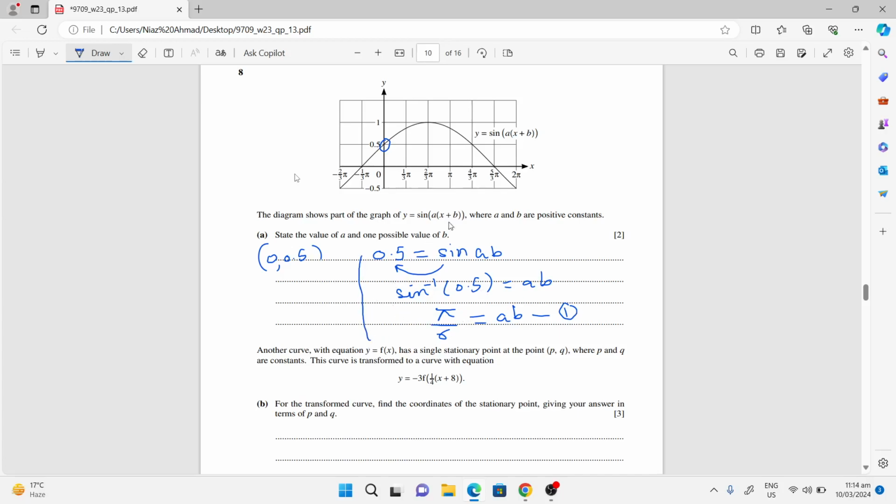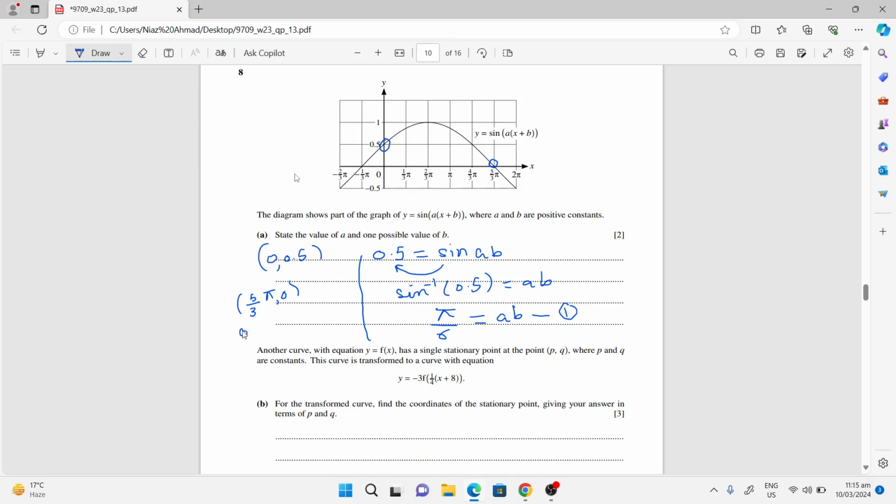Now the second point. I'm taking the x-intercept, that is (5 by 3 pi, 0).